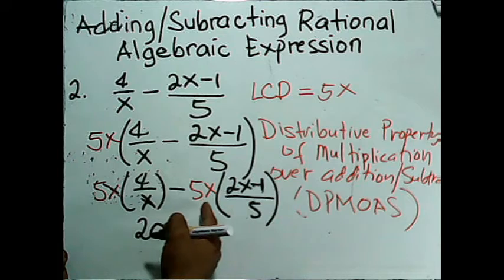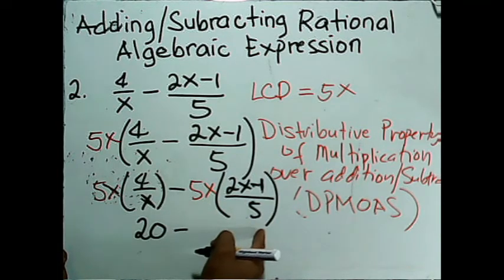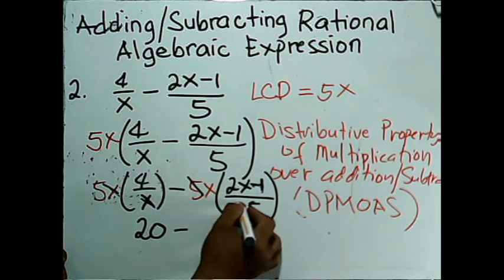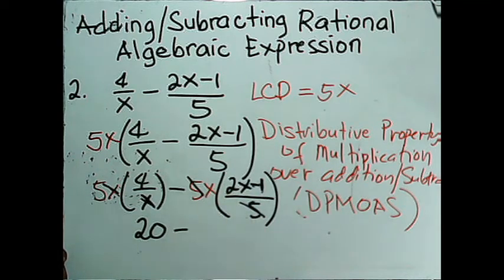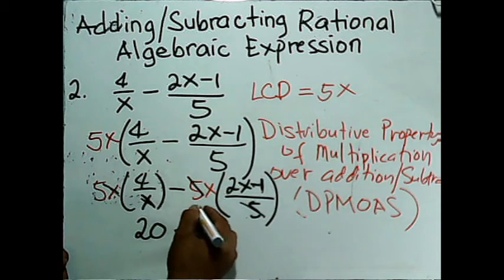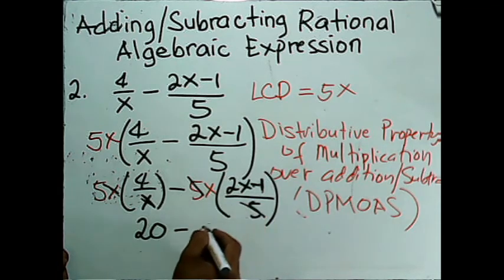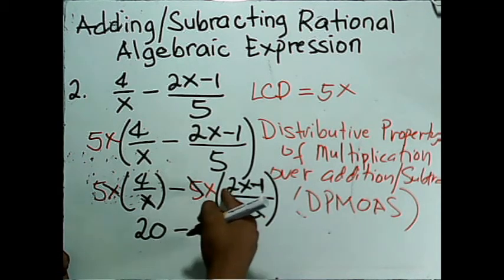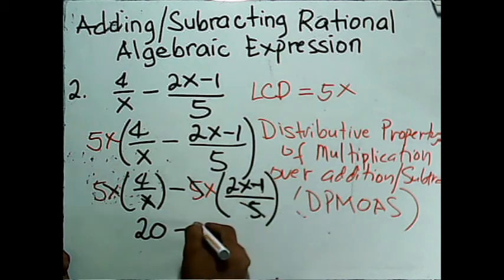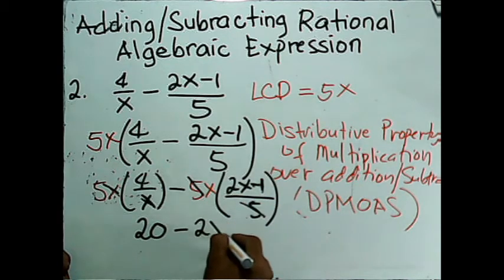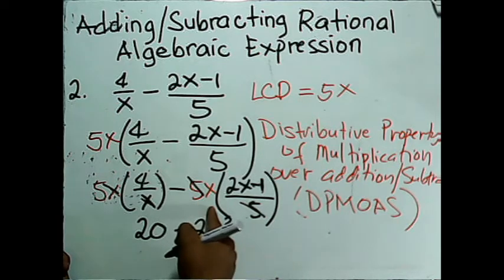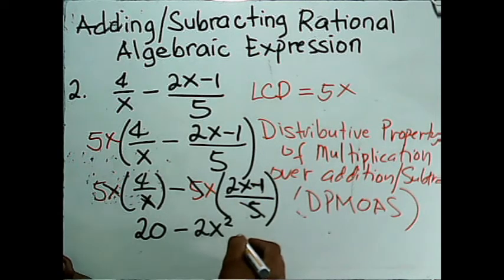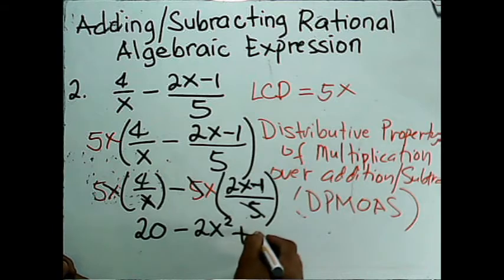We also cancel 5 here, so it becomes 1, and then x times 2x. So this becomes negative 2x. So negative x times 2x is negative 2x squared. And then negative x times negative 1 is positive x.